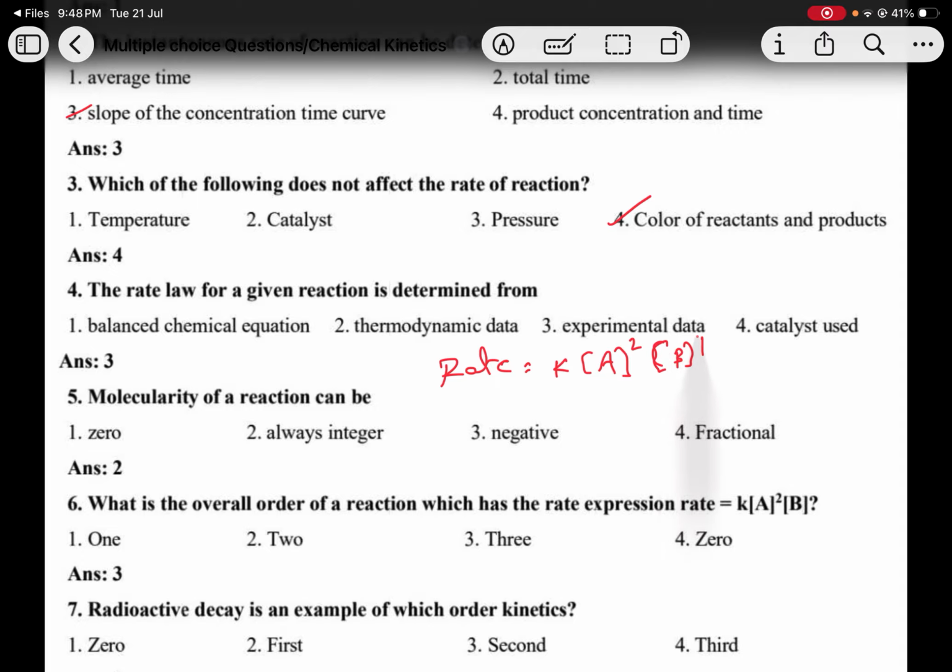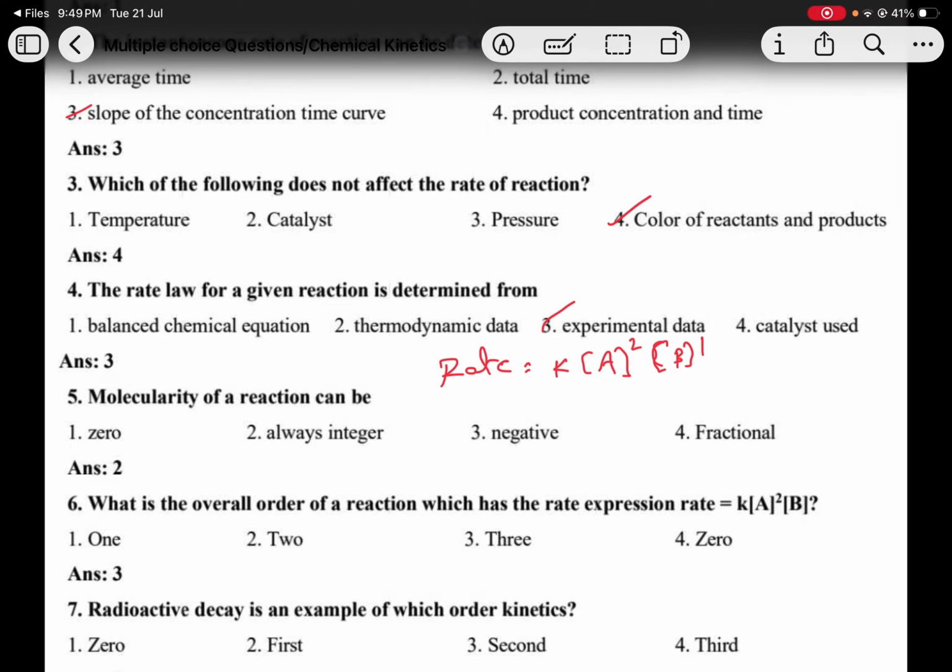Here the power of the concentration terms is determined experimentally. It is not theoretical. Okay. So in this rate law, the reaction is determined from experimental data. Here these powers are also determined only experimentally. It is not determined theoretically.